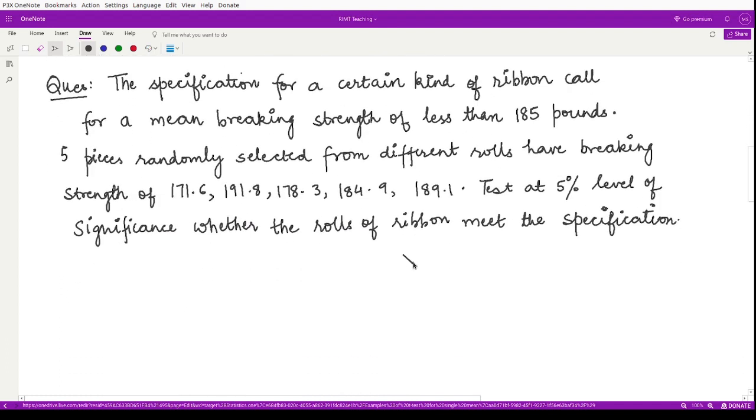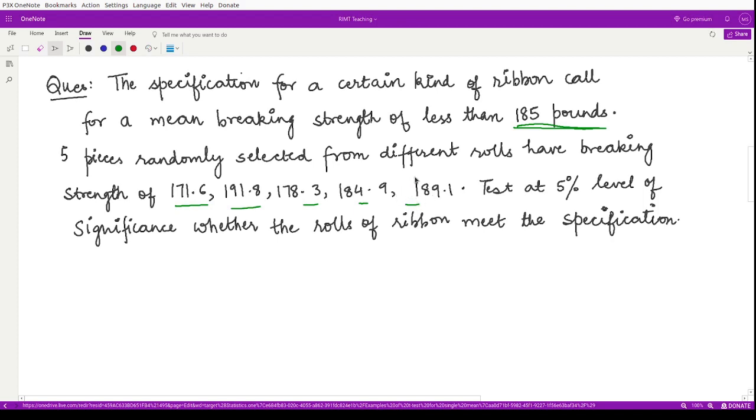So let's have a look at our first example. The example says that the specification for a certain kind of ribbon calls for a mean breaking strength of less than 185 pounds. The mean is given to be 185 pounds for the sample. Here they are saying 5 pieces randomly selected from different rolls have breaking strength of these values which are given to you here.